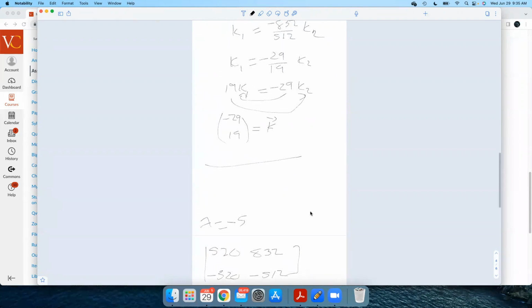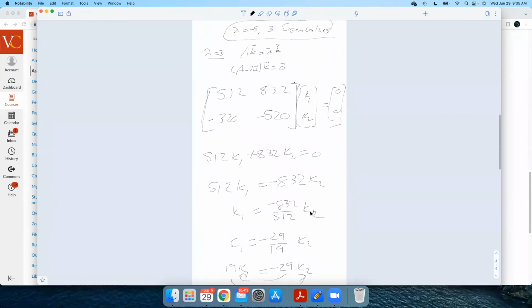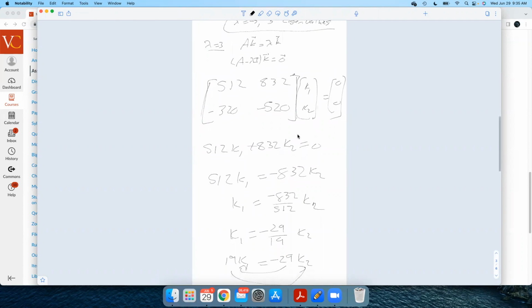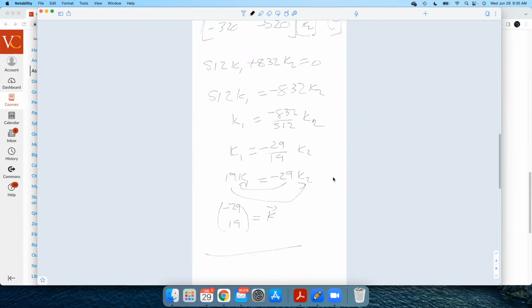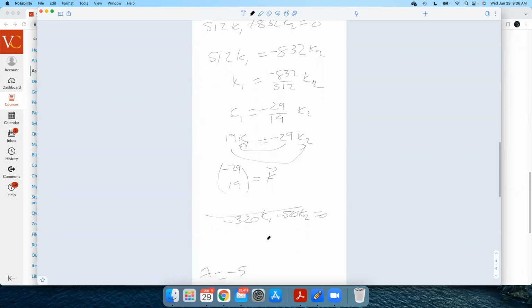Okay. By the way, a good way to check and see if we got this right: this second row times this vector should give us the same equation. So up here, we could have also done negative 320 K1 minus 520 K2 equals 0. So that's negative 320 K1 equals 520 K2.